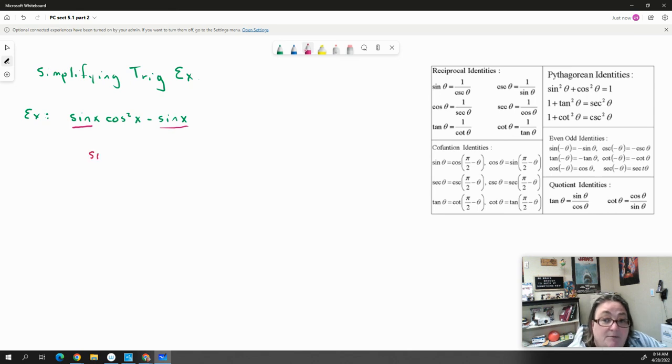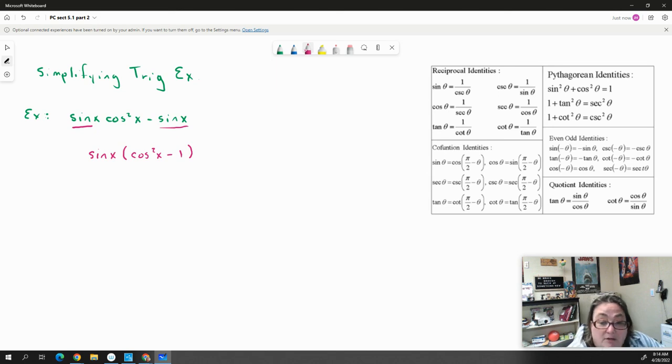I'm going to go, okay, well, if I pull sine of x out of this side, I'm just left with cosine squared of x minus, well, if I pull it out of this side, sine of x divided by sine of x is just 1. And so I wind up with this little thing.